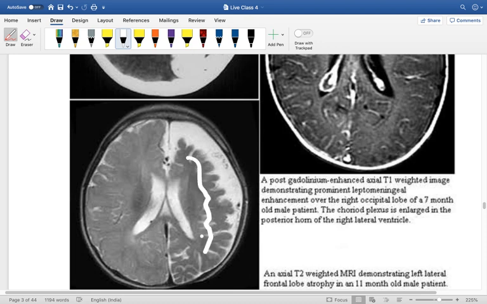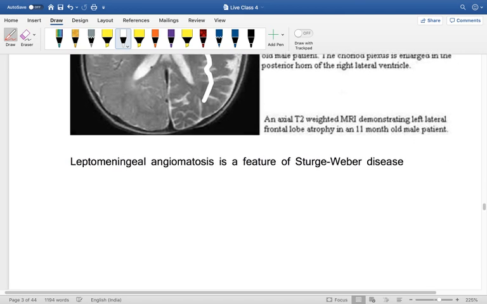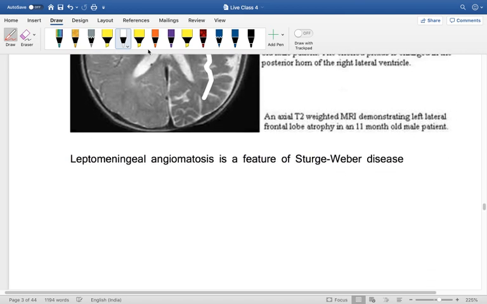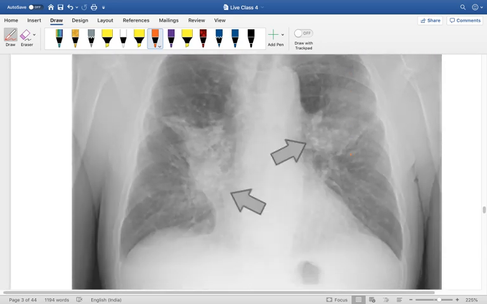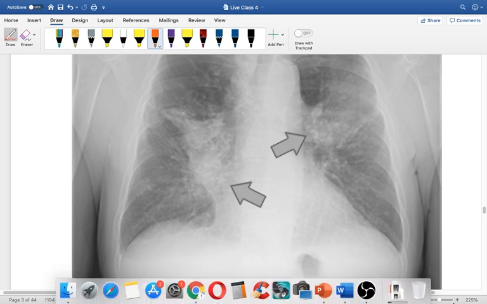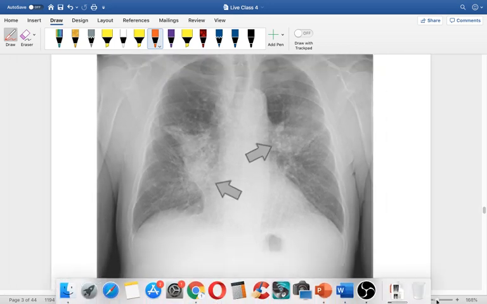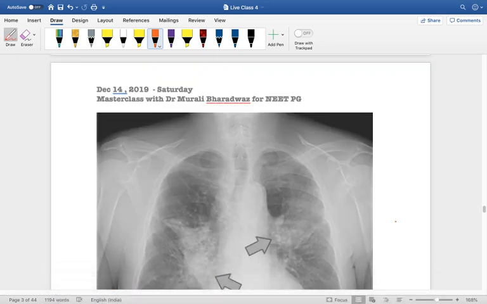This is called tram track type of calcification. So leptomeningeal angiomatosis is a classical feature of Sturge-Weber syndrome, is what you have to remember. Maximum, these are the things asked about Sturge-Weber.